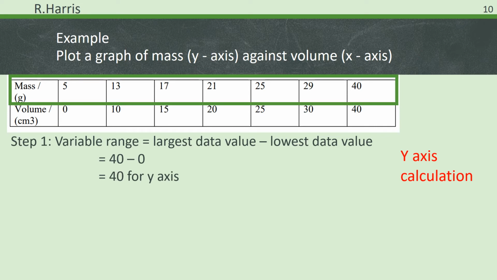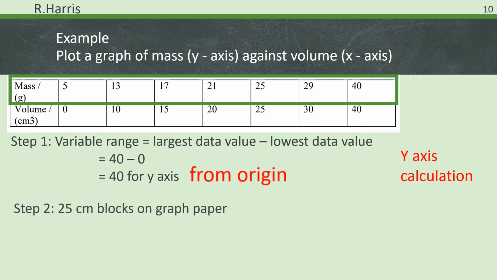But you may be saying, wait, that is not correct, as 5 is the lowest data value in the table. But remember, we are plotting from the origin. So regardless of what the lowest value is in the table, the lowest data value for the calculation will always be 0. Step 2, we observe 25 centimeter blocks on the graph paper. And just again to confirm that you know how to measure the y-axis, we will go through that now.